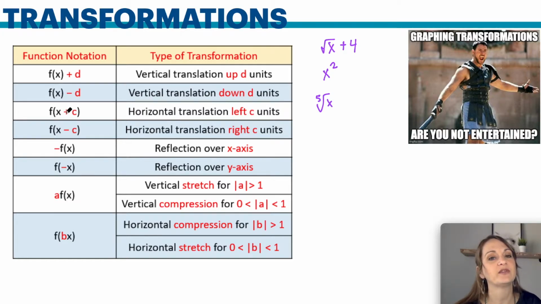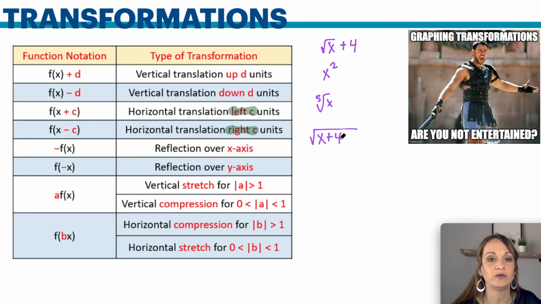If you have a number that is inside, attached to the x, you would move it left and right, but in its opposite direction. Positive means you actually move it left. Minus means you would actually move it right. So it would look something like x plus 4. The 4 is attached to the x, and then you would take the square root.